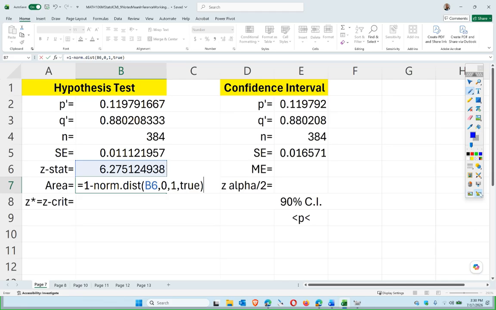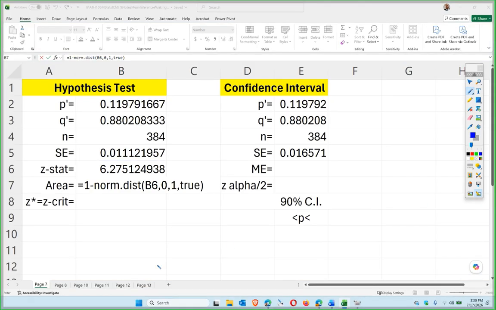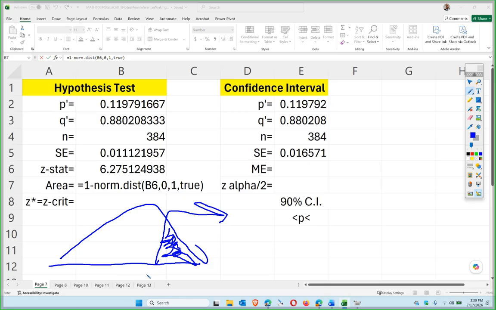Let me draw this. We're doing a right-tailed test because we care about being greater than the value of 0.05. We need to go this way because it's a positive z. If I don't do 1 minus, I'm going to get this area in here, so the 1 minus will get me this area over here.